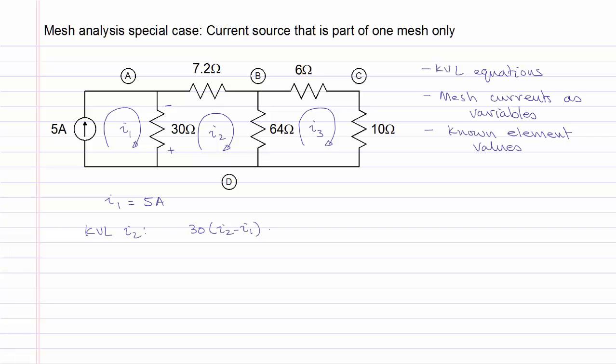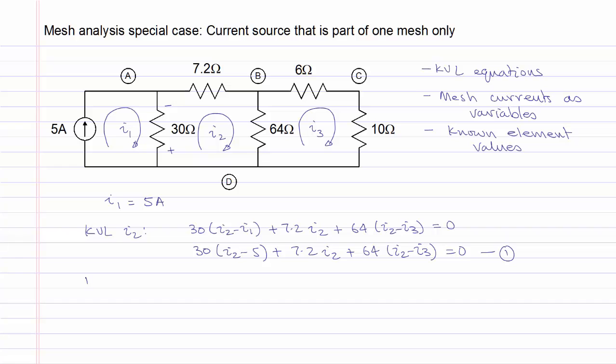There's another voltage drop of 7.2 I2, and finally the last voltage drop of 64(I2 minus I3), and this must be equal to 0 to satisfy KVL. Since we already know the value of I1, we can substitute it in this equation and get the following equation, which we will label as equation 1.